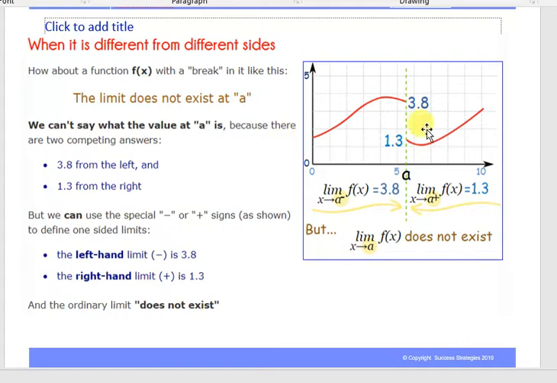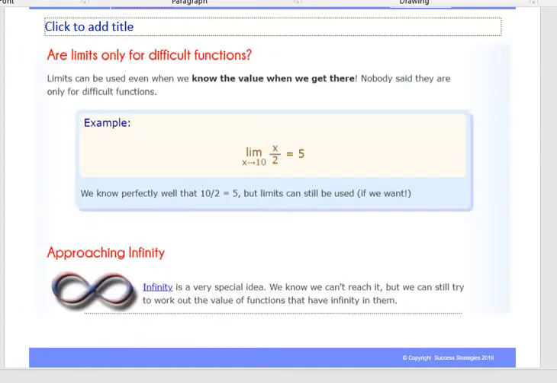Like for this example, if I am considering the point a, I am considering the left hand side and the right hand side. When I was considering the left hand side, my value for the function was approaching 3.8, whereas from the right hand side it is approaching 1.3. Now the gap between 3.8 and 1.3 is very huge. So we will say that the limit does not exist.